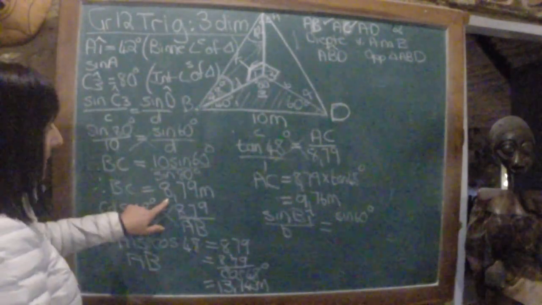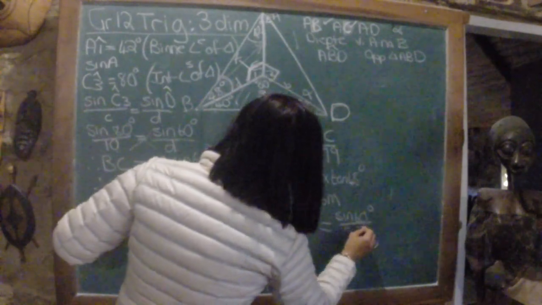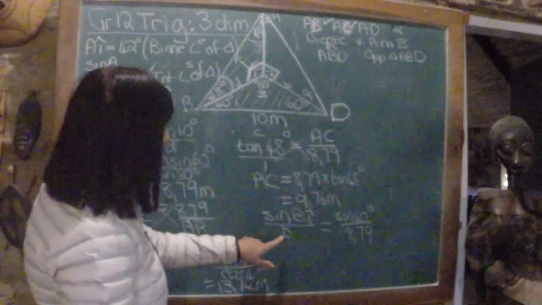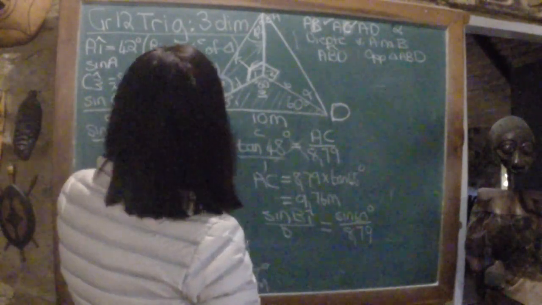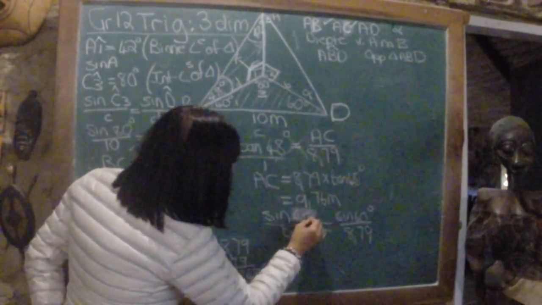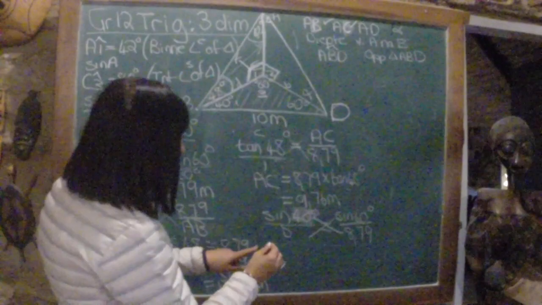Ons het vir BC uitgewerk as 8,79, and we need to determine small b. B1 equals 40 degrees, and now with cross multiplication kan ons weer vir klein b gaan uitwerk.